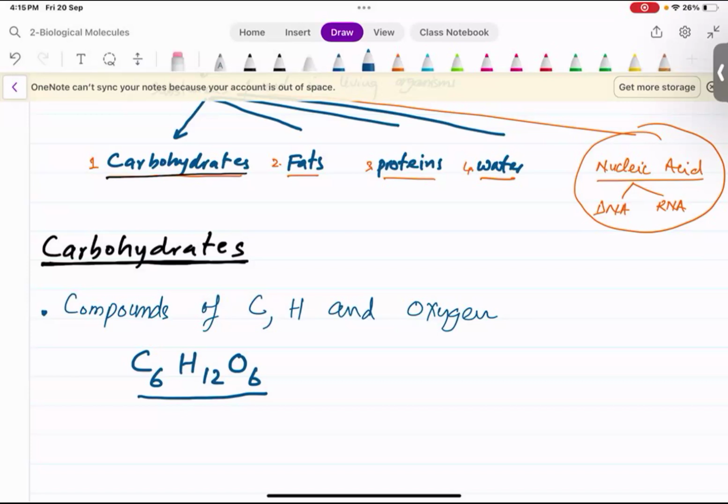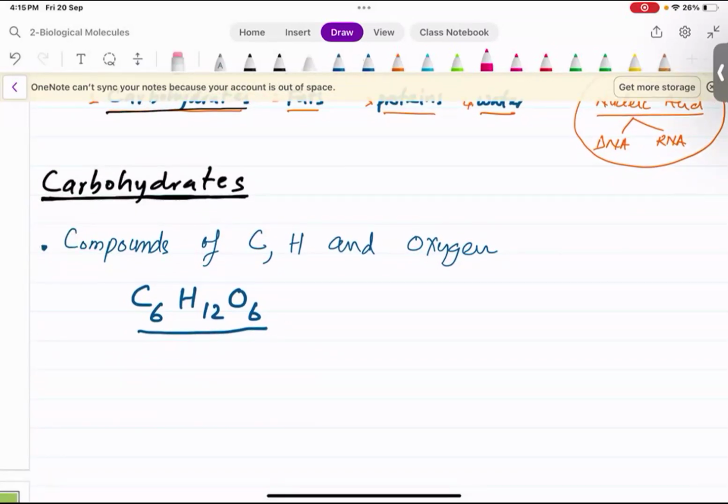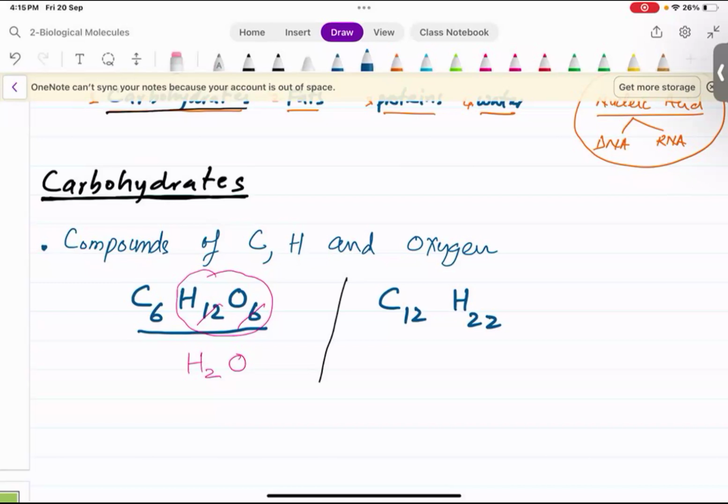But if you look at this, hydrogen and oxygen in this molecule, and we simplify it, so this would be H2O. If I write another formula, for example, formula for sucrose, which is C12H22O11. And if I simplify it, do you see this again makes an H2O?